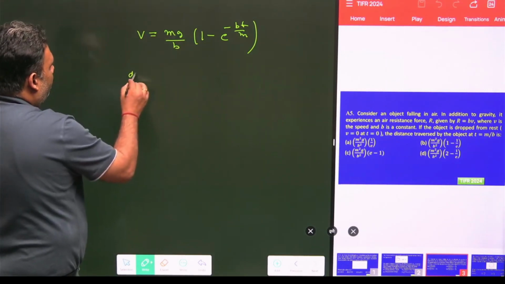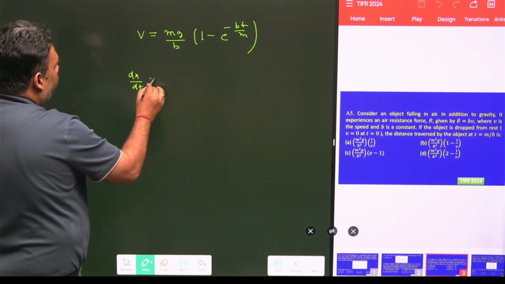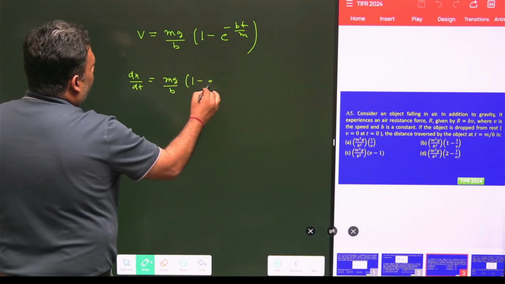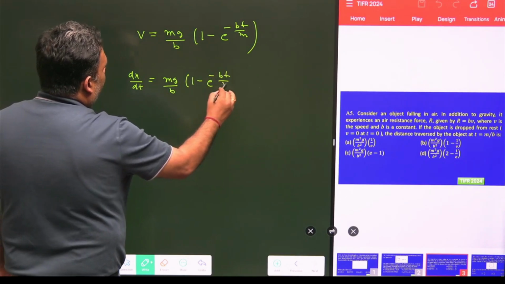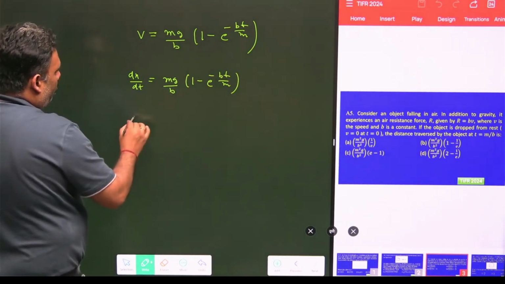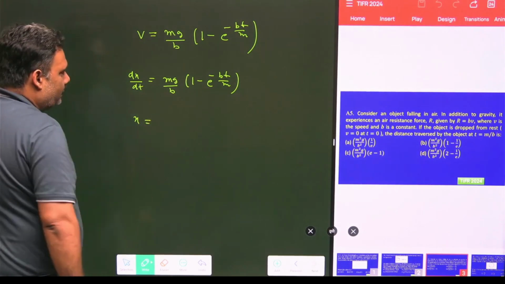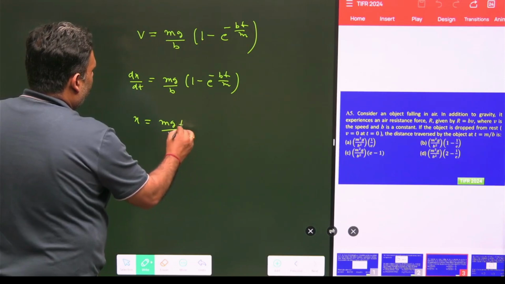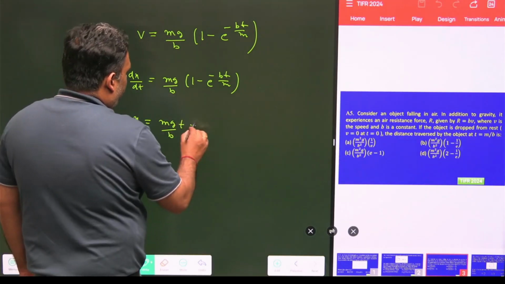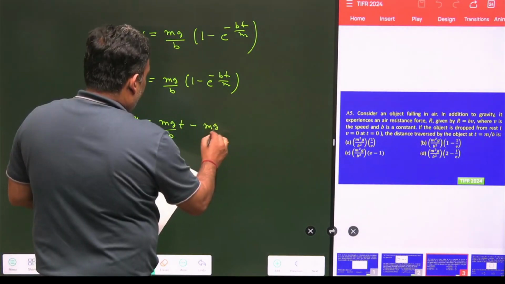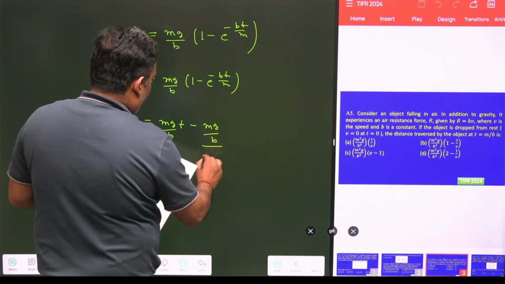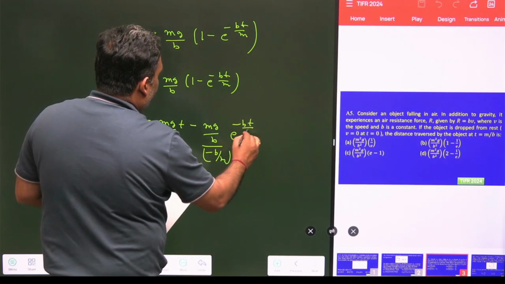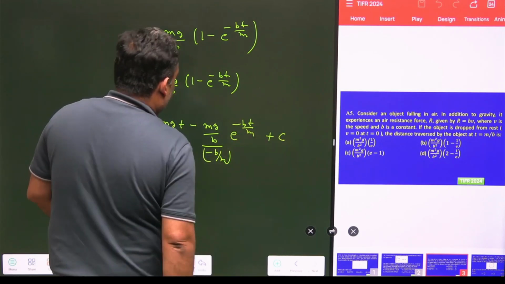So we have dx upon dt is equal to mg by b times (1 minus e to the power minus bt upon m). Once we go for integration, x is equal to mg by b into t, and we have minus mg by b upon minus b by m e to the power minus bt upon m, plus some constant c.